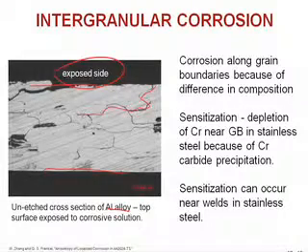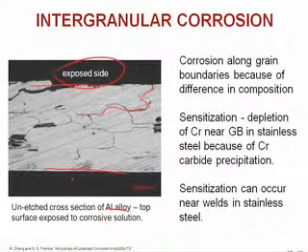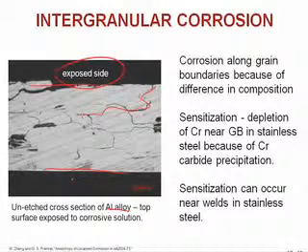The region between the grains is attacked. So you can see that it, in fact, made it all the way from the exposed side to the unexposed side. And this type of structure, you could imagine, wouldn't have much mechanical integrity. It wouldn't have strength. It would fall apart quite nicely.